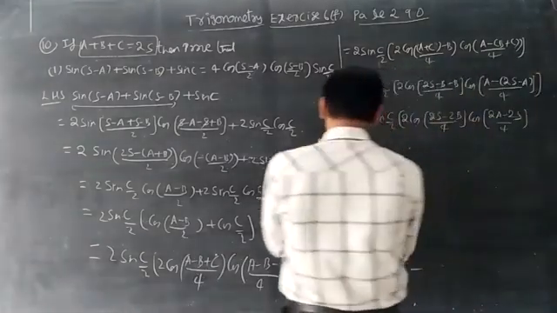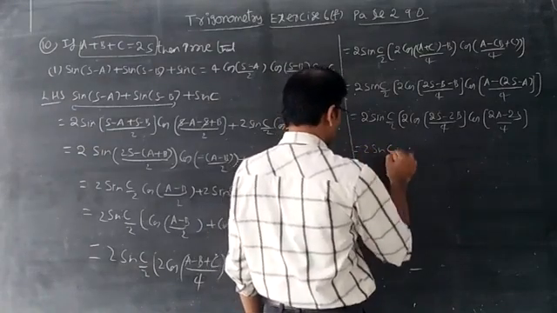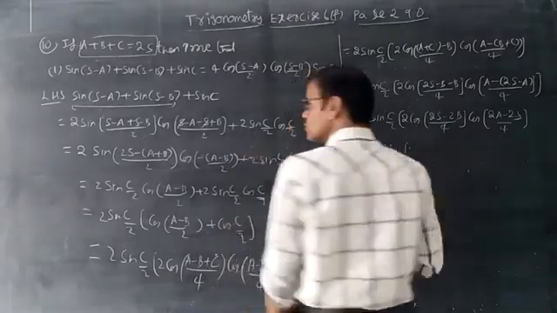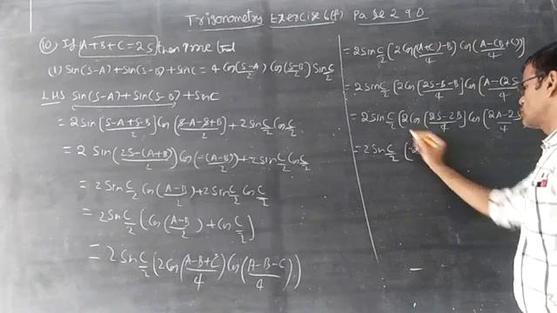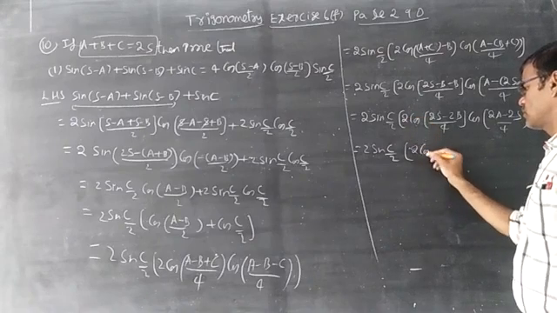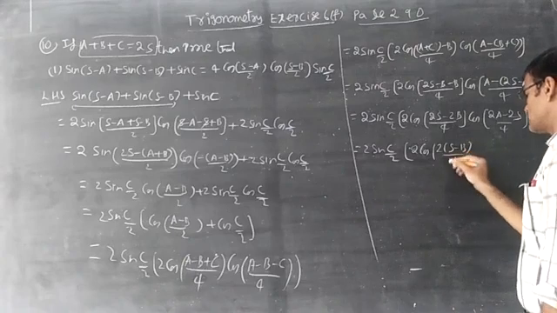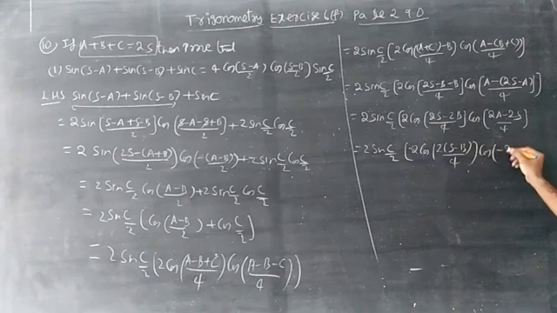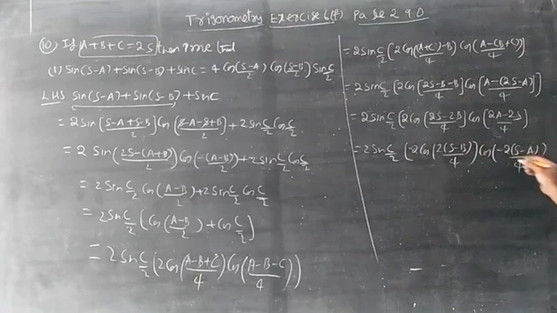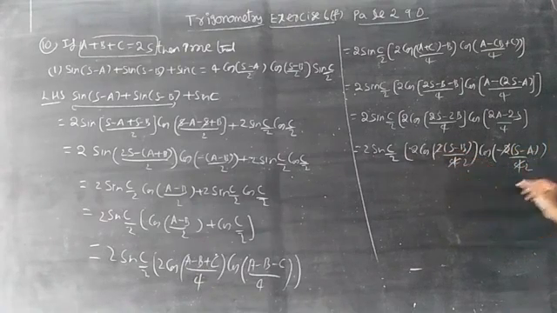Next step, 2 sin C by 2 into 2 cos of, 2 you can take common, which gives (s − B) by 4 into cos of minus 2 of (s − A) by 4. There is no negative for cos, that is why you can take common.